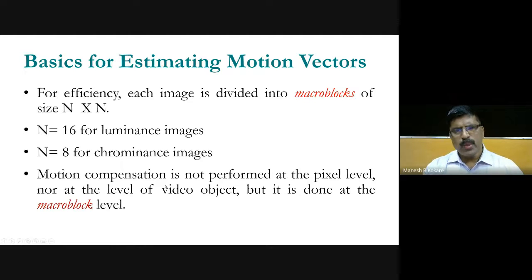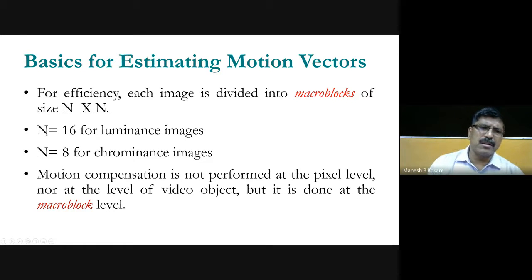So we will see the basics of estimating the motion vectors. When you are estimating the motion vectors for dynamic scene analysis, for efficiency, each image, that is each frame, is divided into macro blocks of size n by n. This whole frame is divided into small blocks, which are called macro blocks.